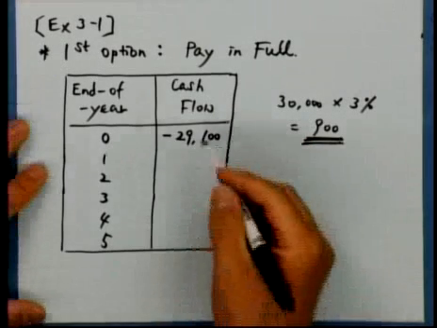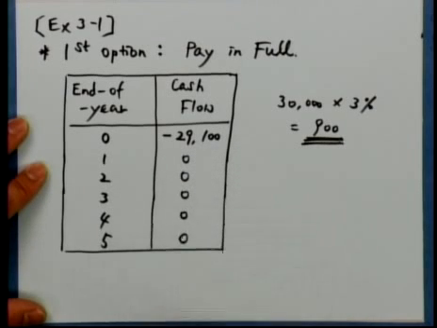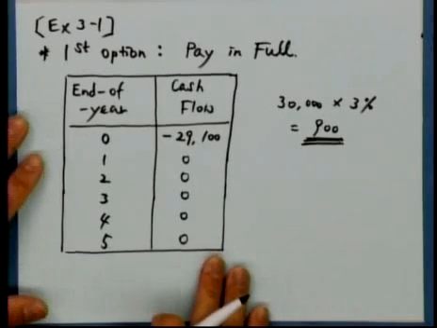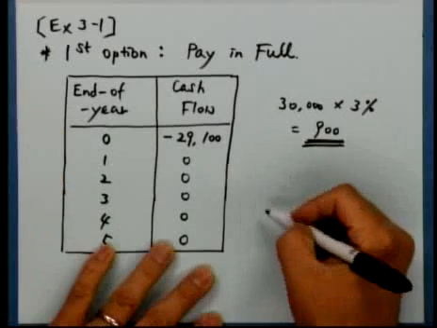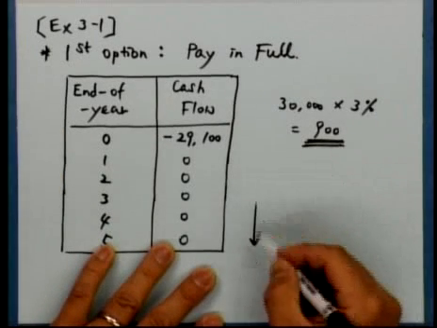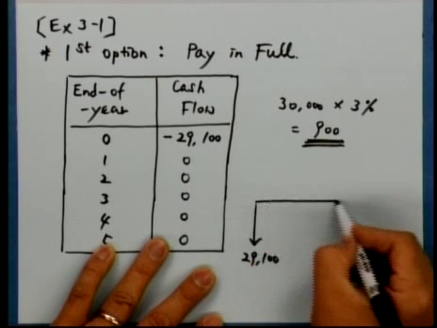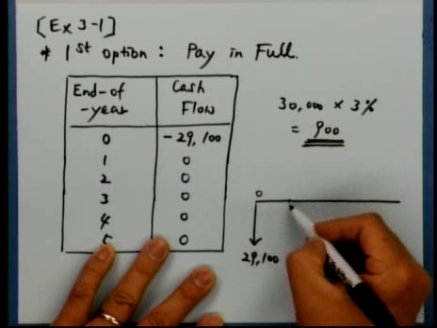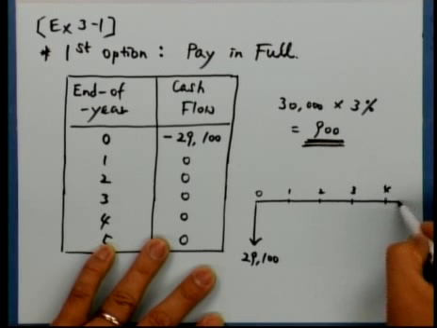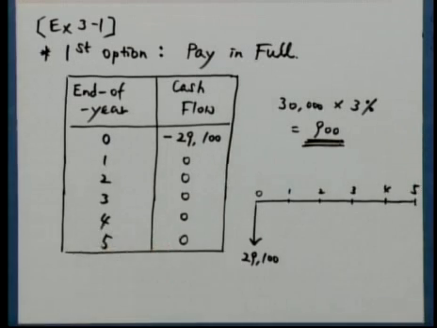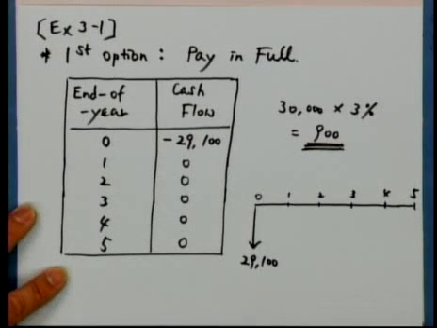Okay? And then for the rest of the years, you do nothing. Okay? So this is the first option. Of course, the cash flow diagram would be 29,100 at the end of year 0, with years 0, 1, 2, 3, 4, and 5. Okay? So it's a very simple cash flow diagram, right?